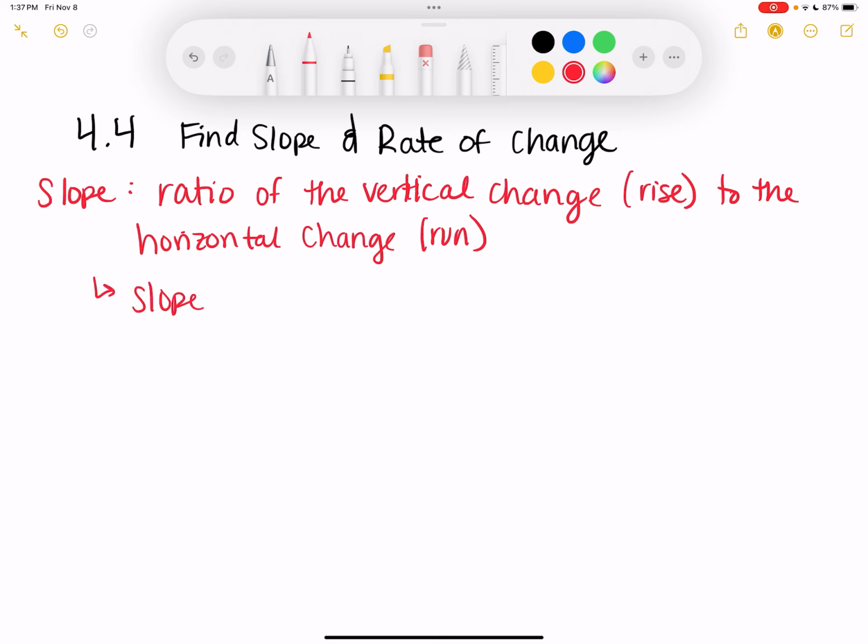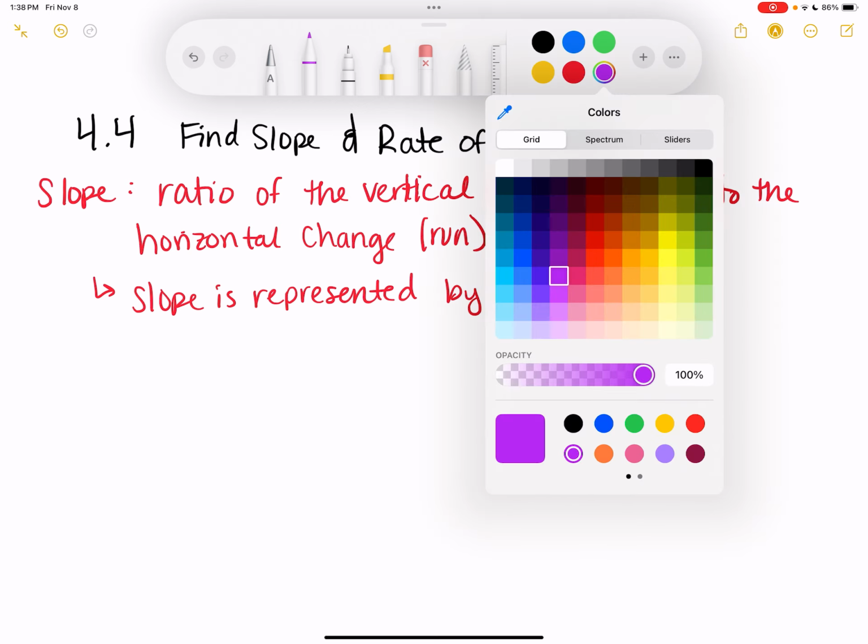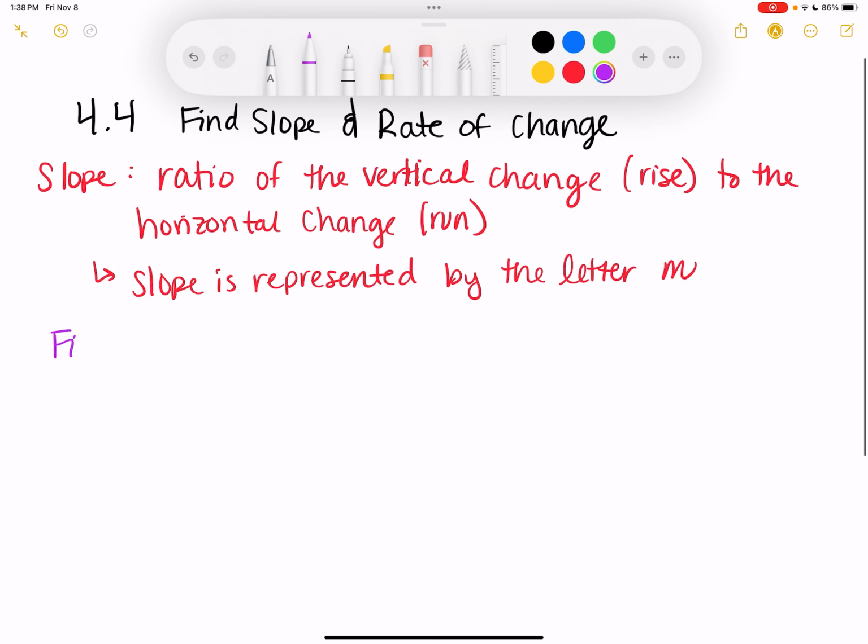Slope is represented by the letter M. Why? I don't know, but slope is M. All right, finding the slope of a line, that's pretty much this entire section.